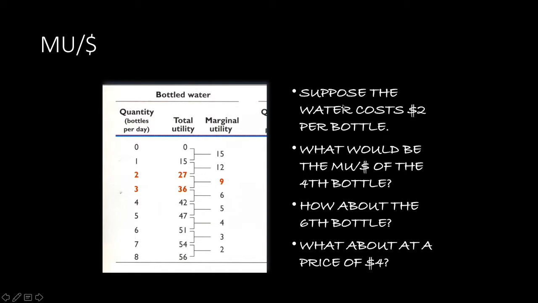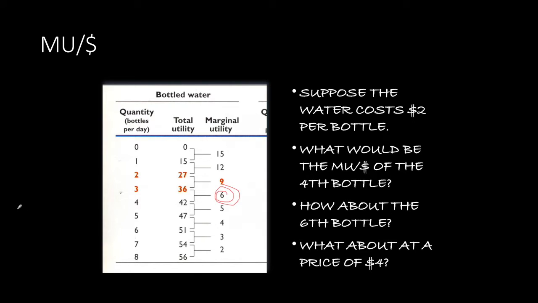Okay? So here I have, suppose a bottle of water costs $2. What would be the marginal utility per dollar of the fourth bottle? The first thing I need to find is the marginal utility of the fourth bottle. The marginal utility of the fourth bottle is going to be 6.